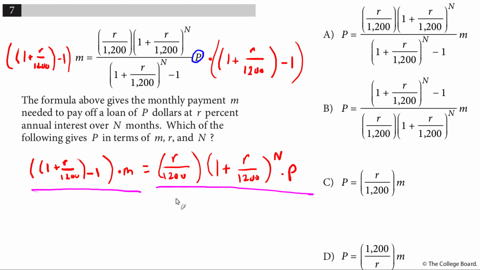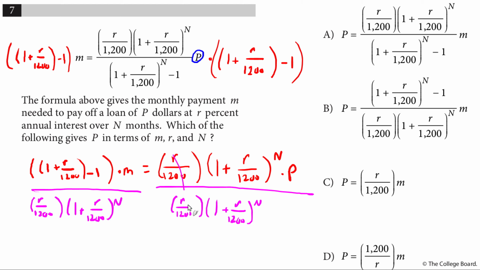So divide by r over 1,200 times 1 plus r over 1,200 to the n. Do that to both sides. This cancels, and now I'm just looking for p equal to this.